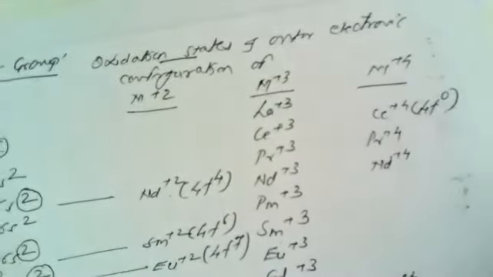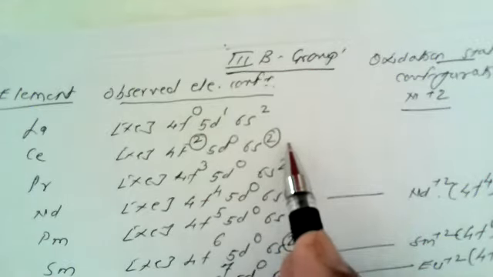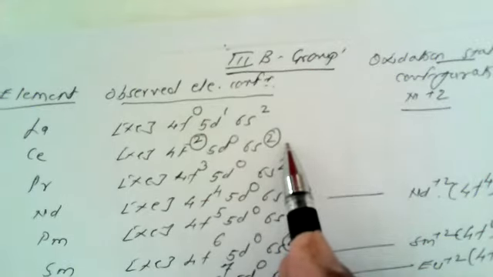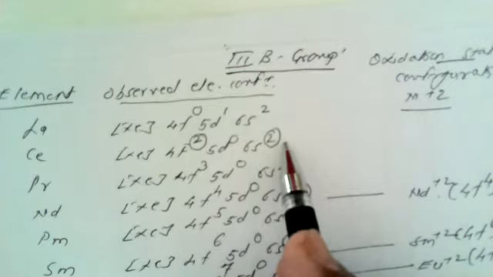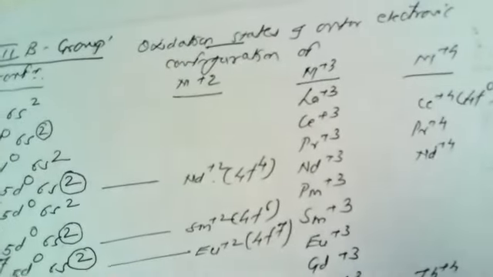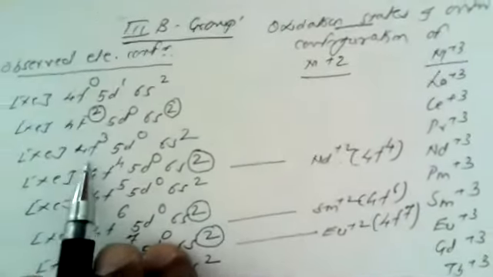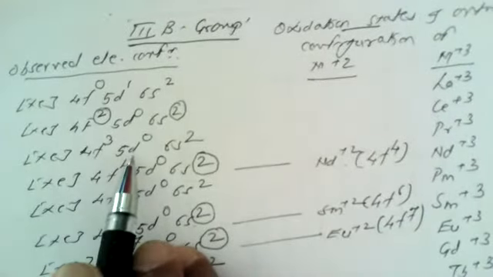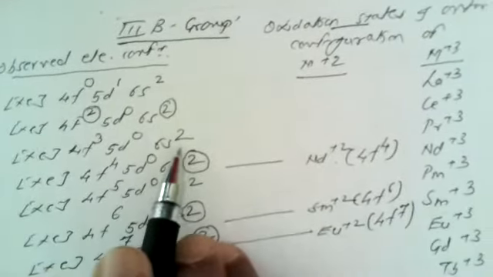It is 4f0. Loss of all the 4 electrons. So cerium can share all the 4 electrons during bond formation, and hence cerium shows a 4f0 configuration.